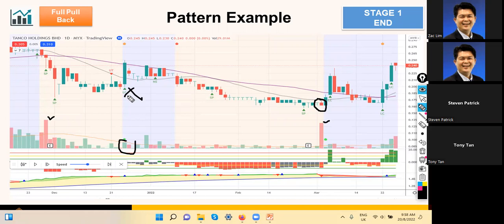It might be a trap, okay. But however, if you have a high volume and a low spread at a low price, not on the upper side, how to determine whether it is a low price or upper side is you use 6 months as a reference, okay.